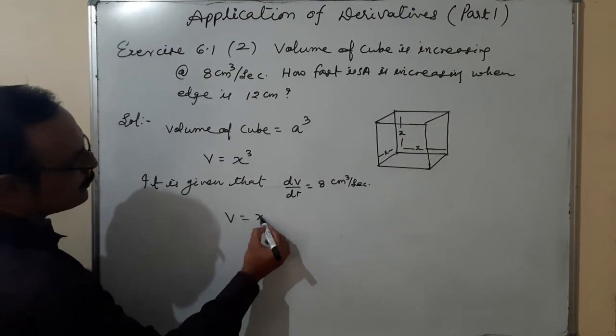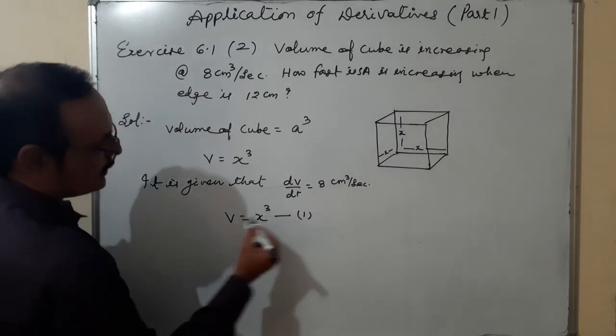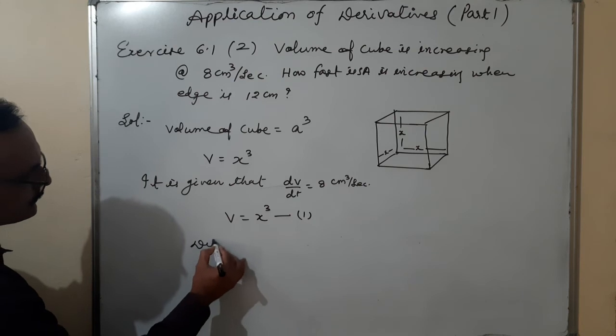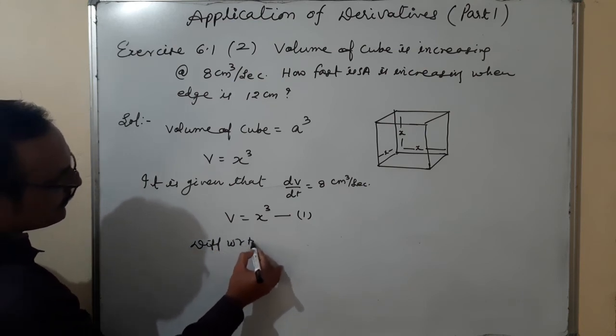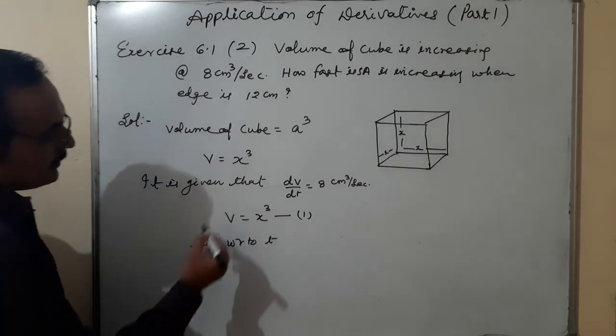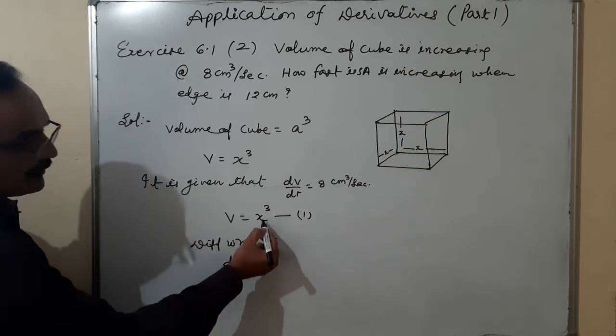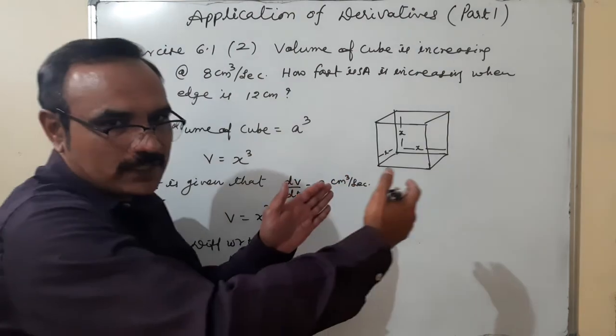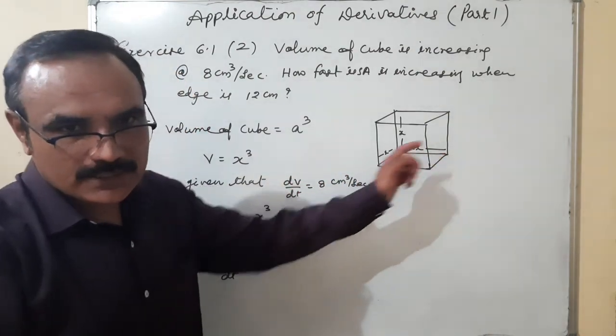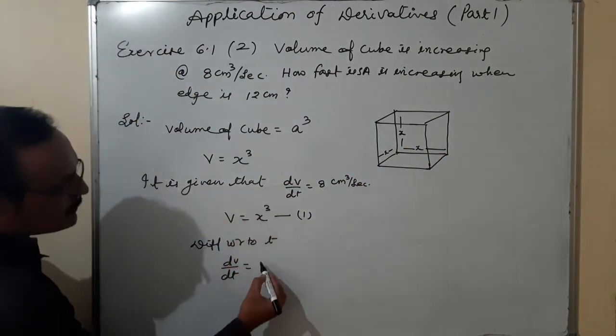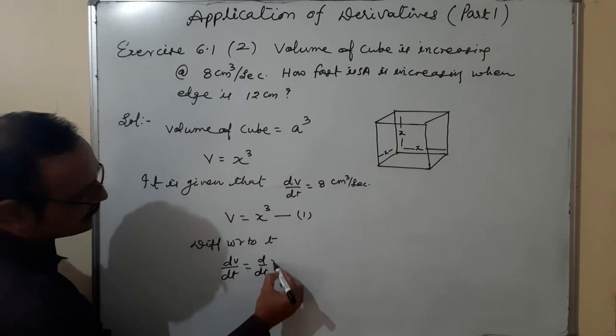V is equal to x cube. We have to differentiate with respect to t, time. So you are getting dV upon dt. Is it variable? Yes, it is variable, because when the volume is increasing, the edge is increasing. So this is variable, d by dt of x cube.